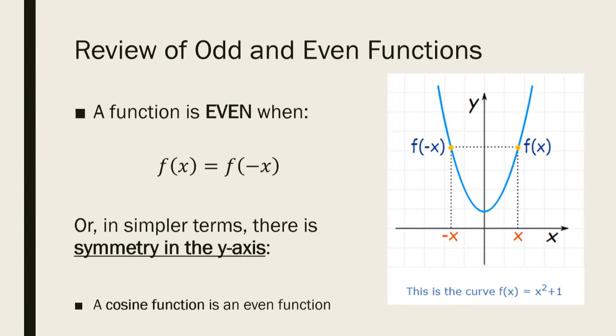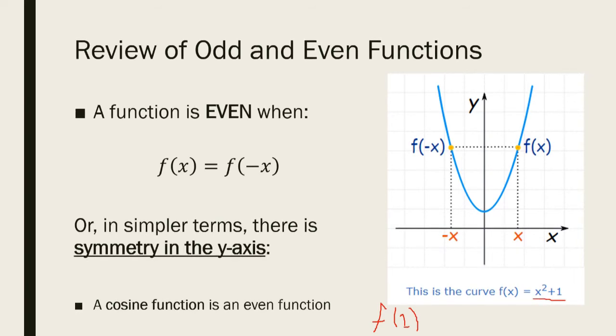Another thing we need to review is odd and even functions. Start first with even. A function is even when f of x is equal to f of negative x. As we can see here in the figure, this curve is defined as f of x is equal to x squared plus 1. Let's put x equal to 1. So what is f of 1? 1 squared is equal to 1, plus 1, so it is just 2.